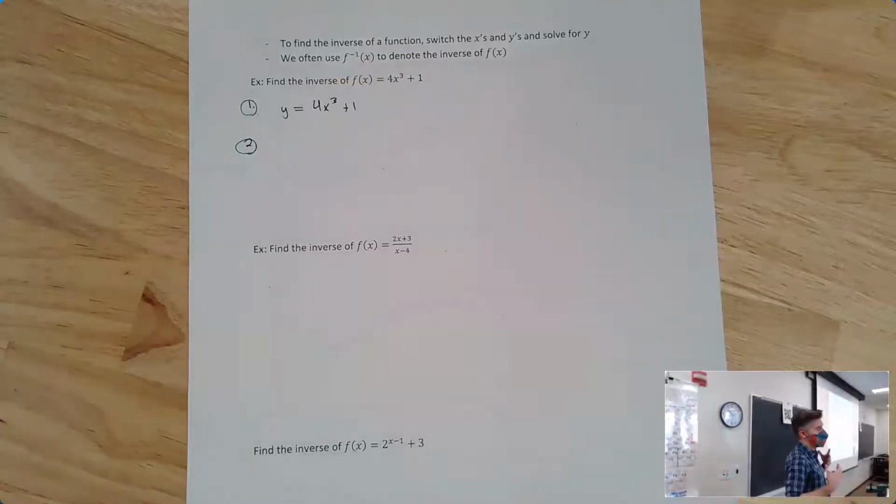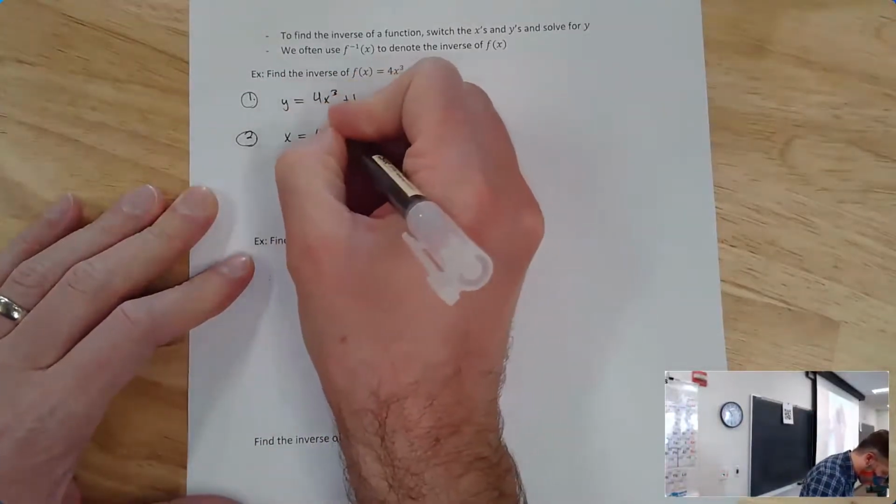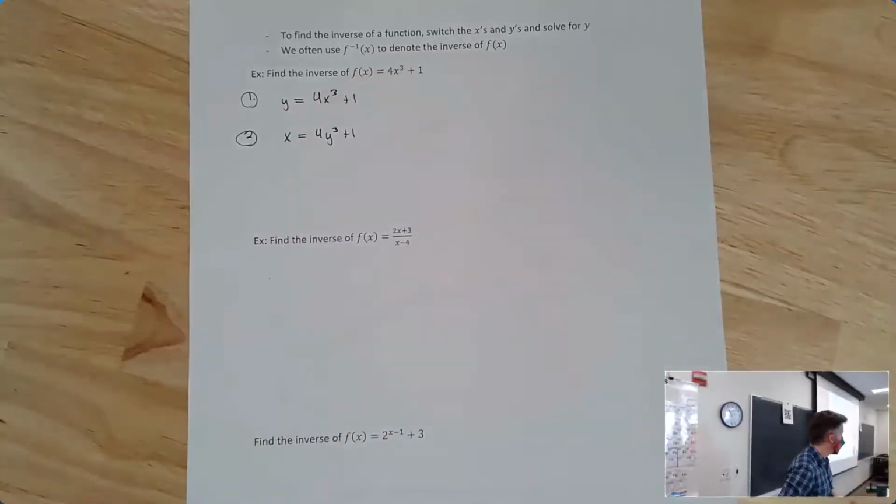Even though the solving part's the hard part, the interchanging part's the most important part. Because when you interchange x and y, you're literally changing the function to its inverse. You're reversing the roles of the inputs and the outputs. So we're going to write x equal to 4y cubed plus 1. And now you have a totally different inverse relationship.